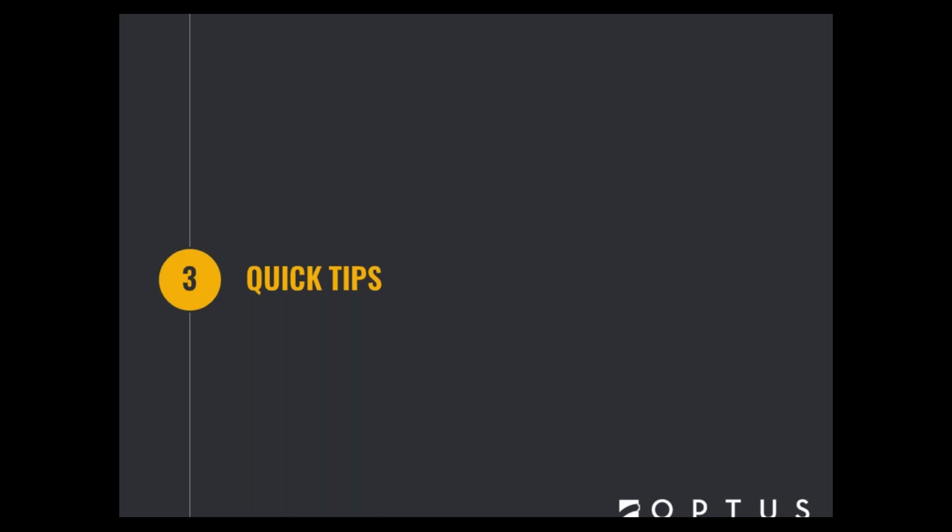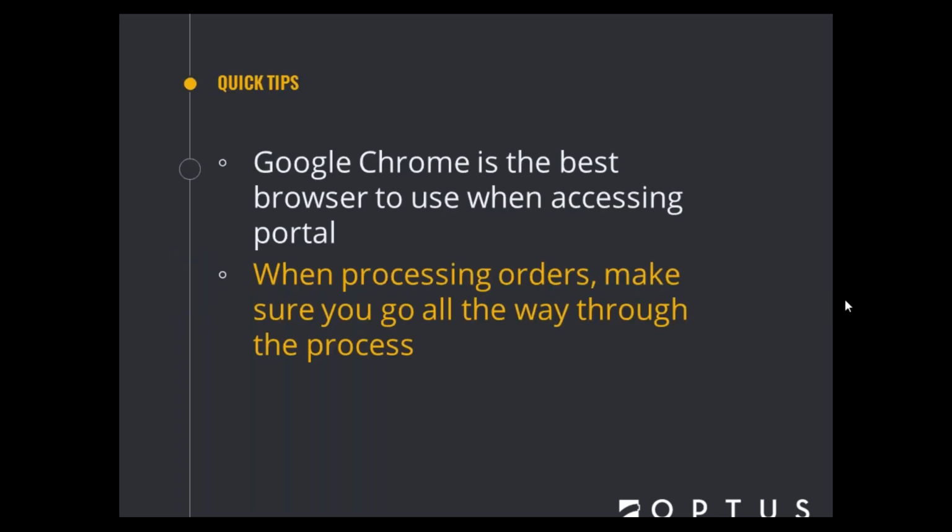So just some general quick tips about Portal. What we've discovered is Google Chrome is the best browser to use when accessing Portal. Internet Explorer sometimes doesn't play well with Portal, but out of all the browsers that are out there, Google Chrome is the best.